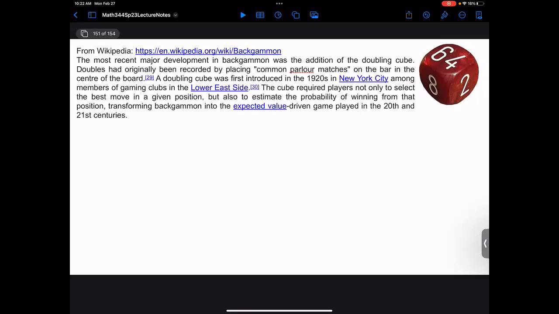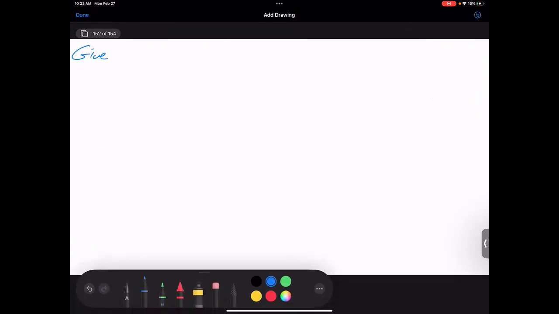So what I want to do now is explain a new game. And this is a great example of constrained optimization. Given a number, let's say S, maybe it's 100.